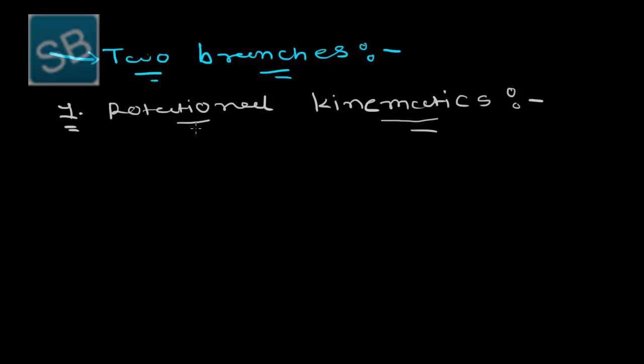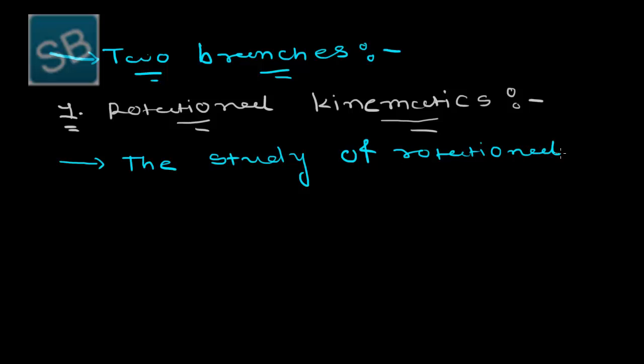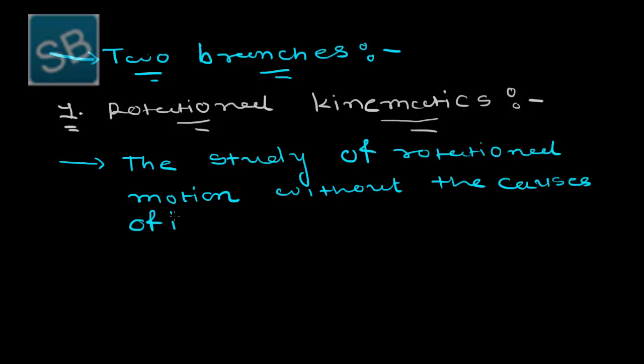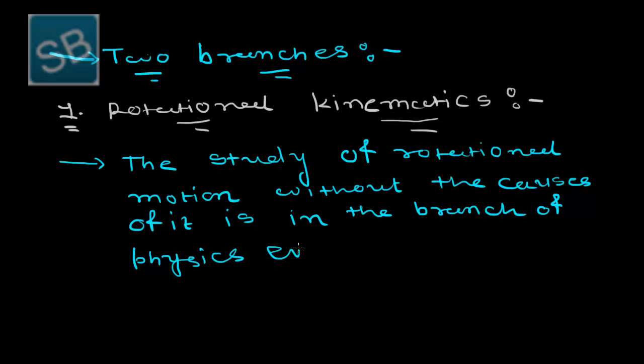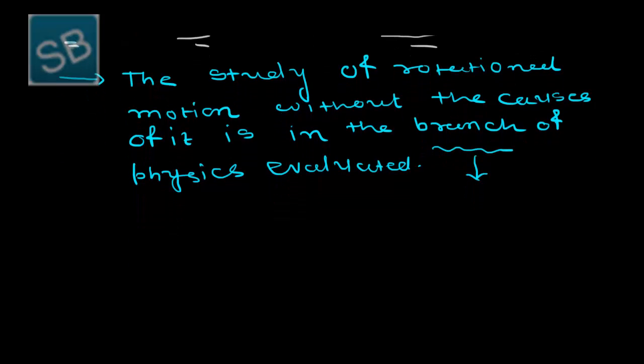The definition of this branch is: the branch of physics in which rotational motion is studied without the causes of it is called rotational kinematics.